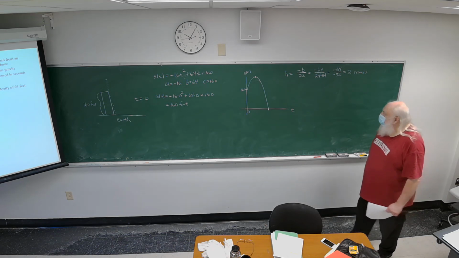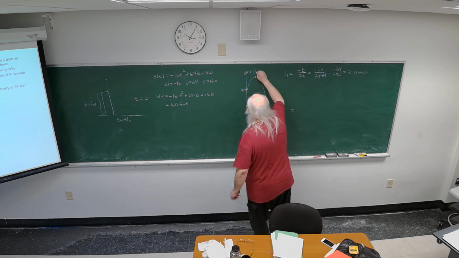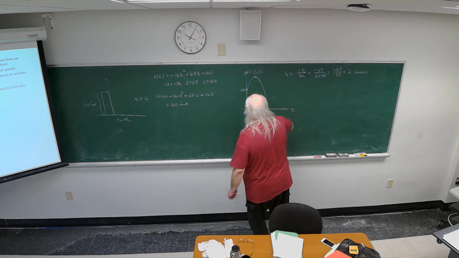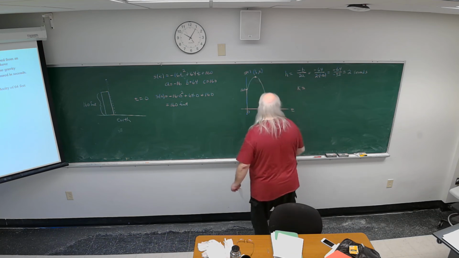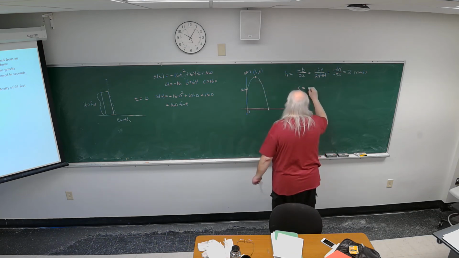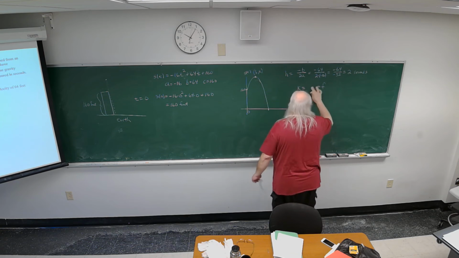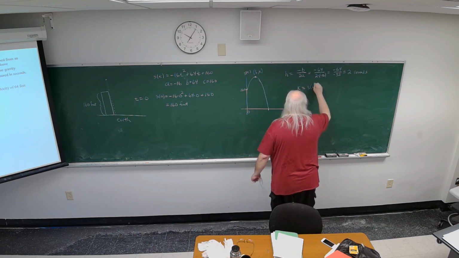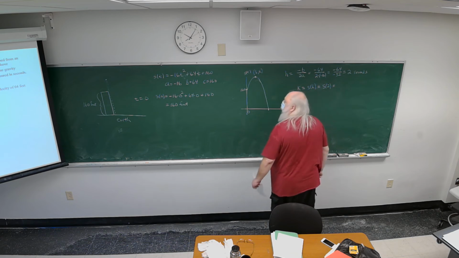Okay. What's its maximum height? The value of k, right? That's the y coordinate of the vertex. So k is equal to f of h, which is, I said f of h, it's s of h, which is s of 2 in this case.